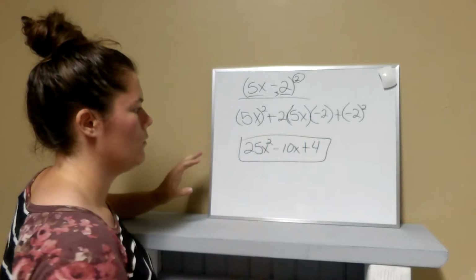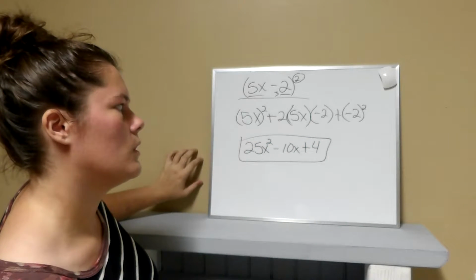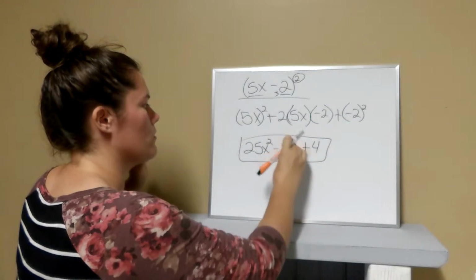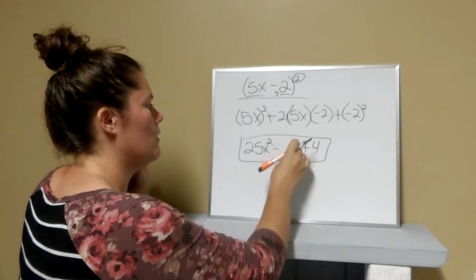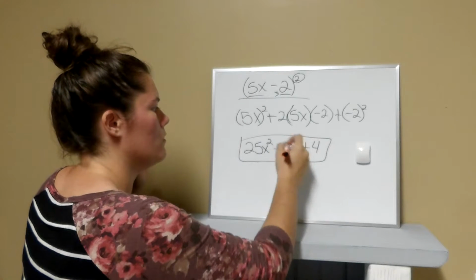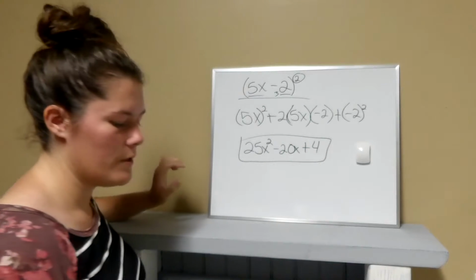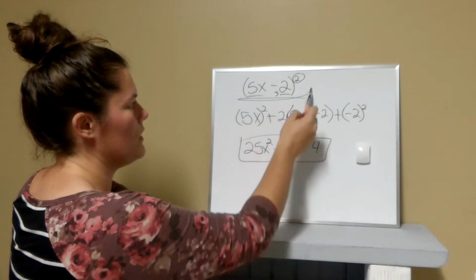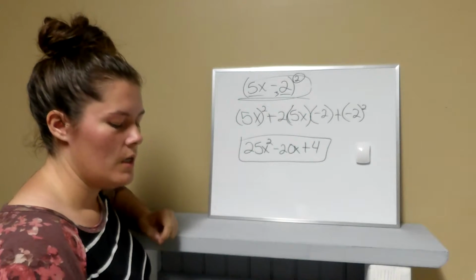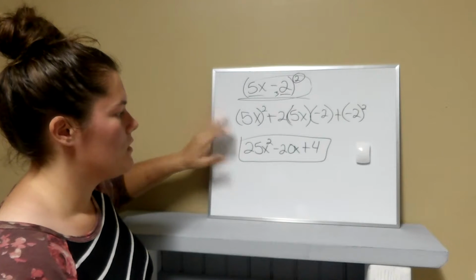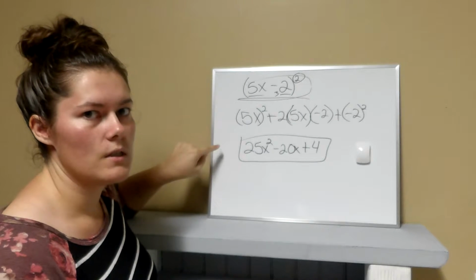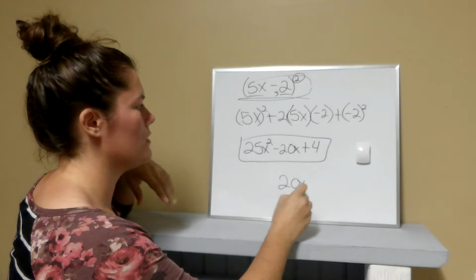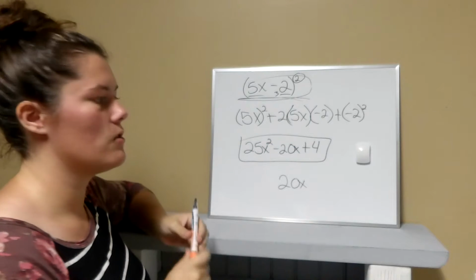Sorry, I did not do this right. 2 times 5 times 2, that equals 20, 20x. And that brings you back to your original equation, which means that the number that you were looking for did equal down to be the equation that we got at the top. So that means you checked it, everything was right. This is the correct answer. So your answer was 20x by doing 5x minus 2 squared.